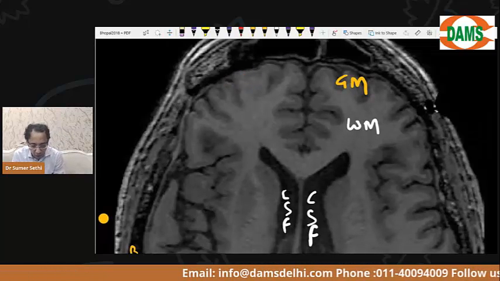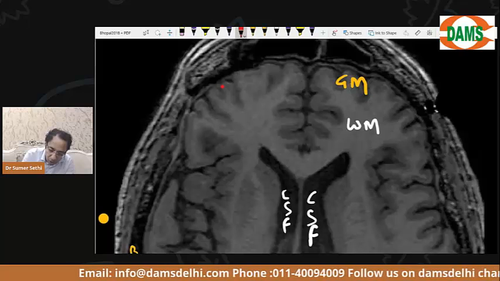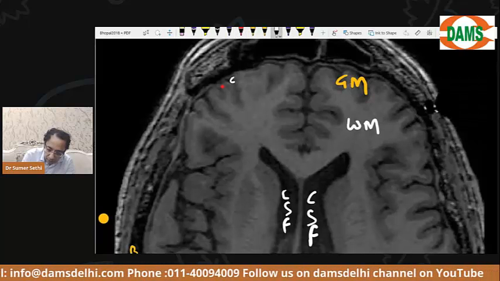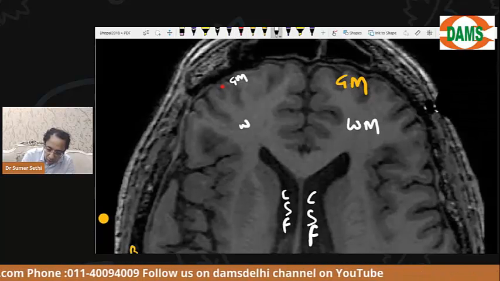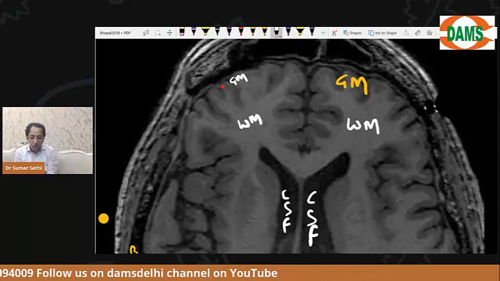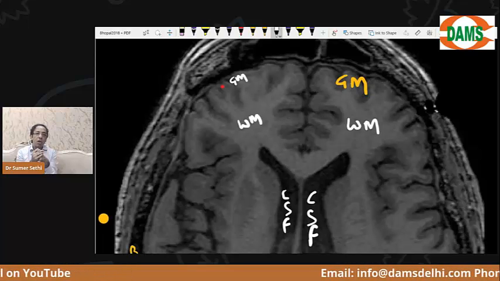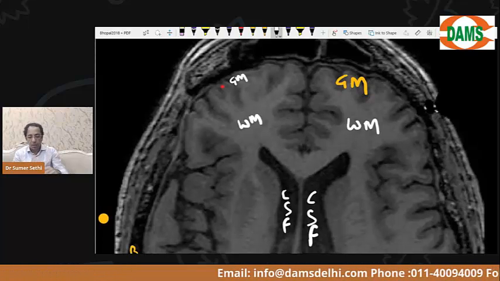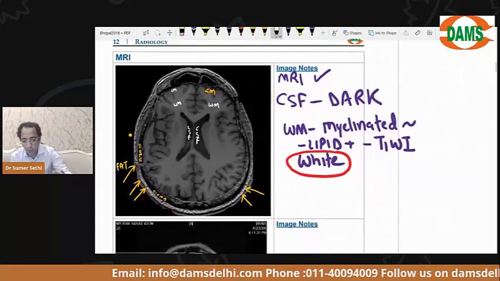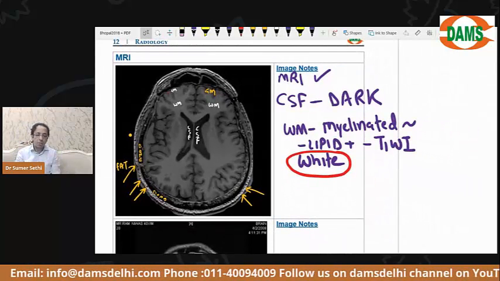बच्चे देखो. So I hope you are now able to see. Compare the cortex of the brain, which is your gray matter, with the white matter. Can you see this white matter is appearing more hyperintense? That is because of your myelin. Myelin has inherent lipid content, which is the logic behind it.